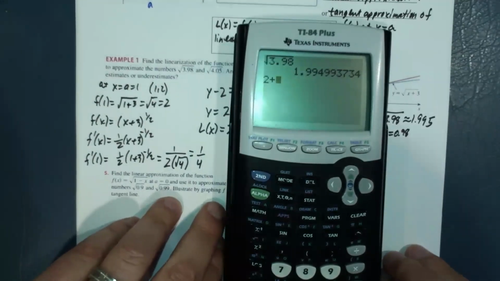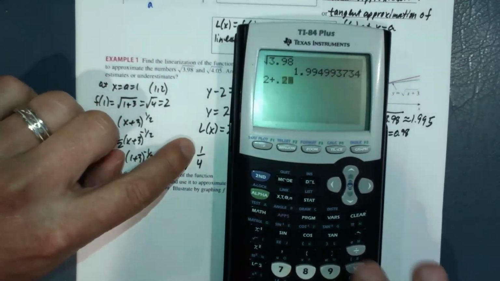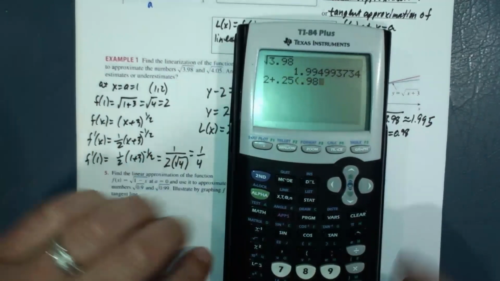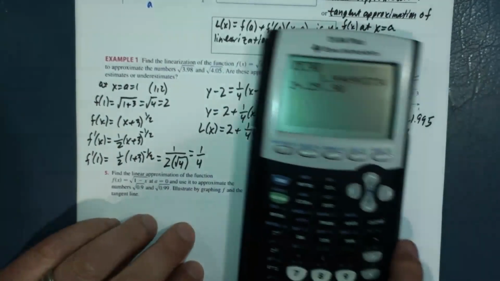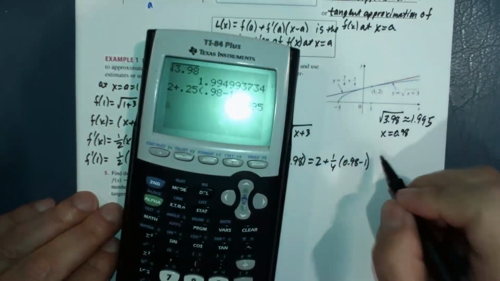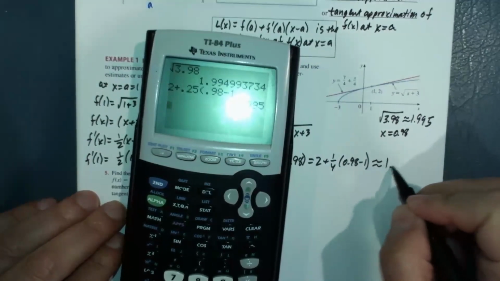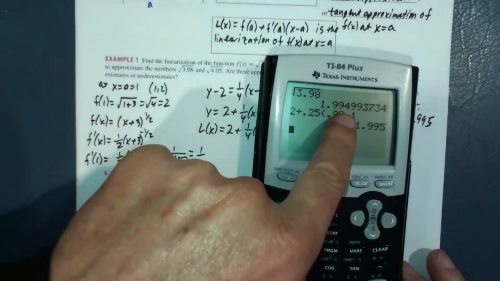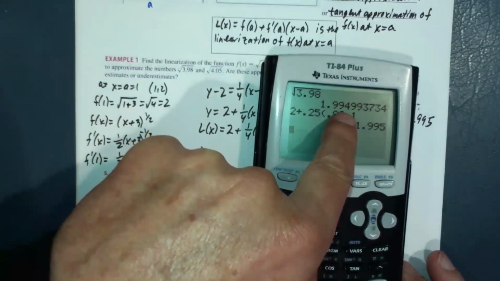I'm going to use 0.25 for the 1/4: 2 plus 0.25 times 0.98 minus 1. Look at that, how close that is. 1.995. You'll recall right here that it wasn't exactly that, but it was close.